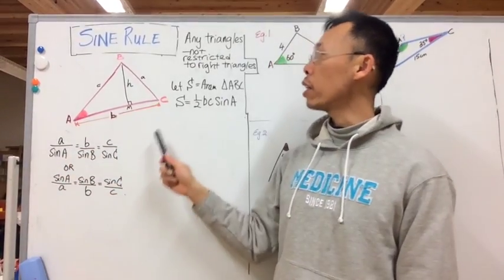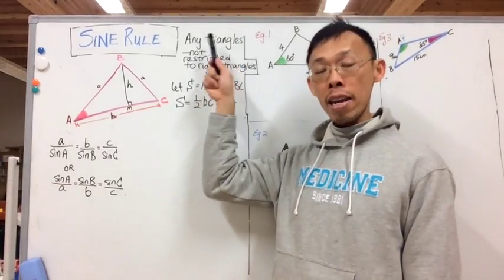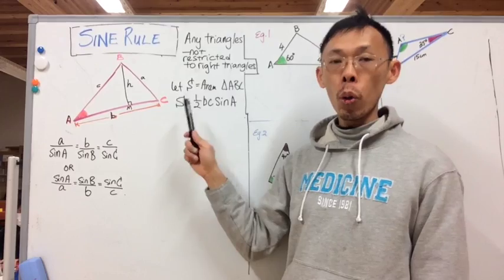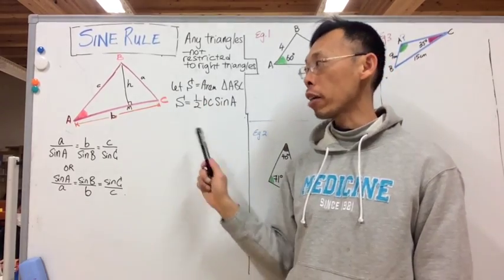The sine rule is written here, and it applies to any triangle. It doesn't have to be a right angle triangle, although it will still work for a right angle triangle.